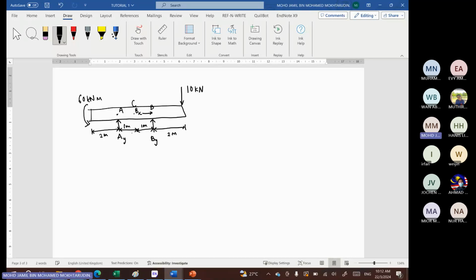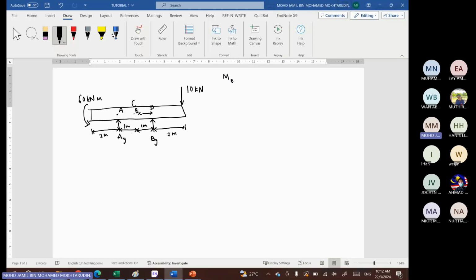Because at point B you have BX and BY. So by finding the moment at point B, you eliminate BX and BY from the equation, meaning that in your equation there will be no BX and BY. So let's try moment at B and see what I mean by removing the forces.